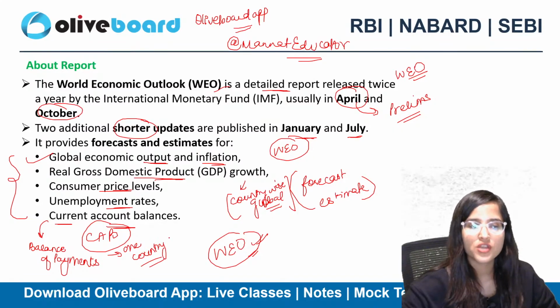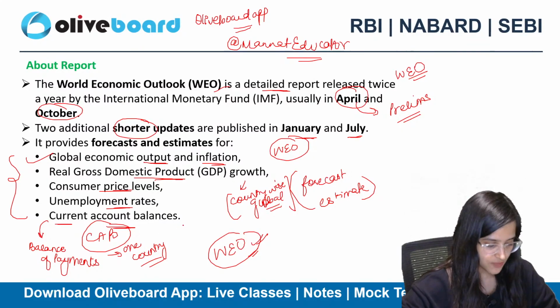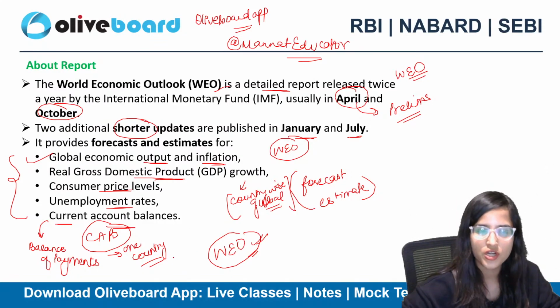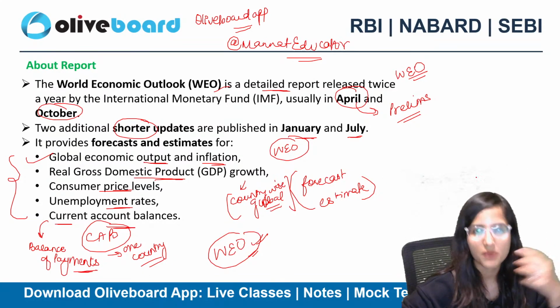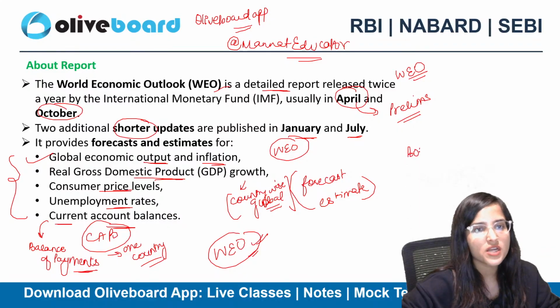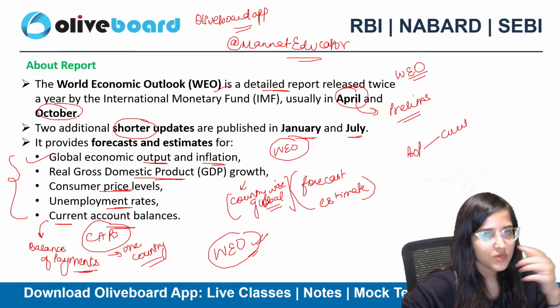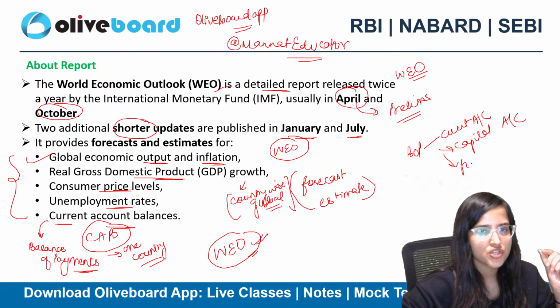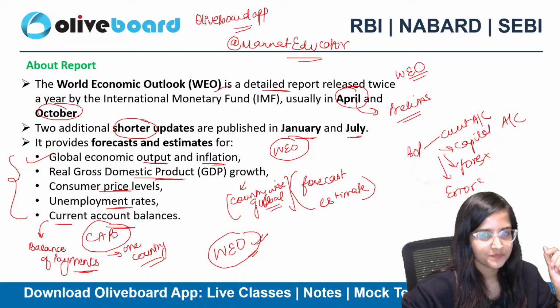So our country, for example India, if it is trading with the US, if it is having transactions with the US or any other foreign country, then we record it in balance of payments. There are certain accounts under BOP. One is your current account. Second is your capital account. Apart from that, we have foreign exchange reserves, we have errors and omissions.